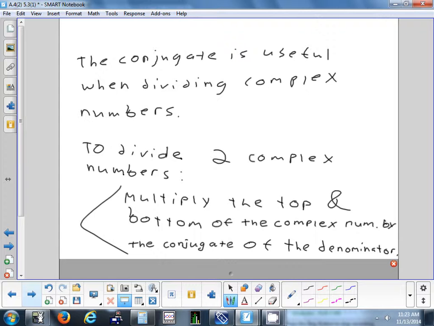That's going to get rid of all the i's in the bottom. We never want to leave an imaginary number in the denominator. And if you follow this step, that'll never happen.